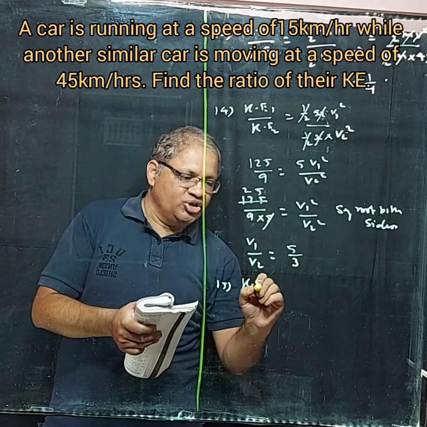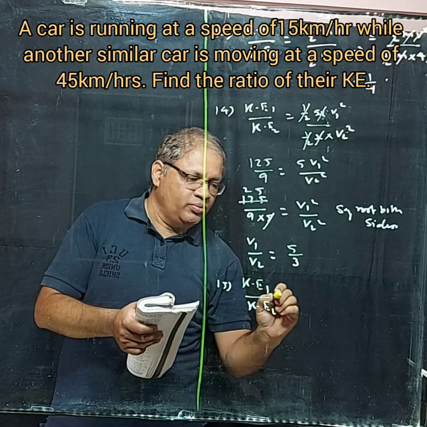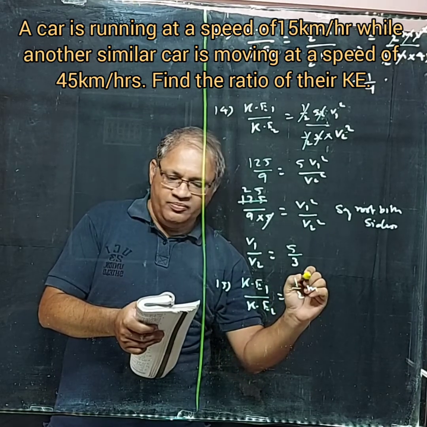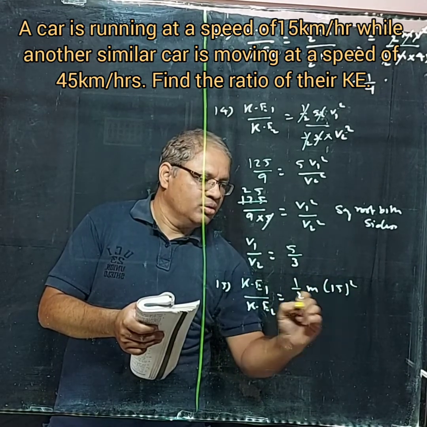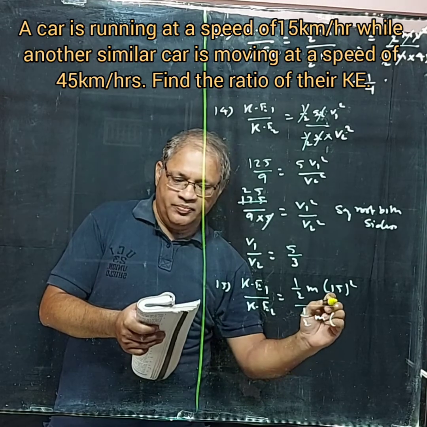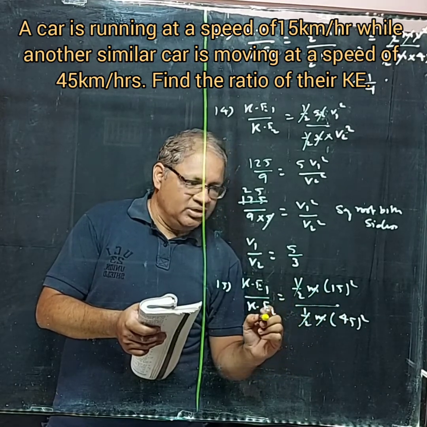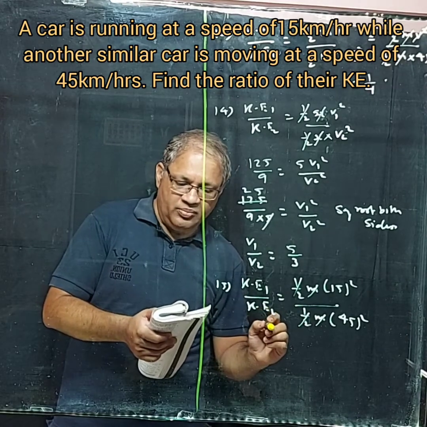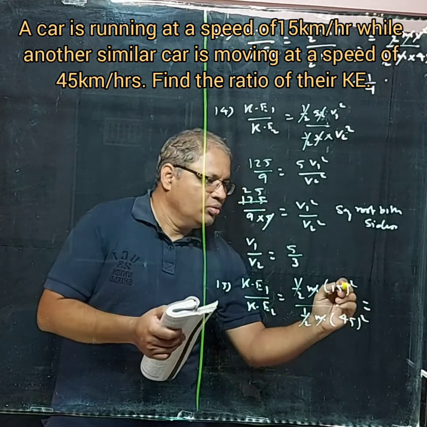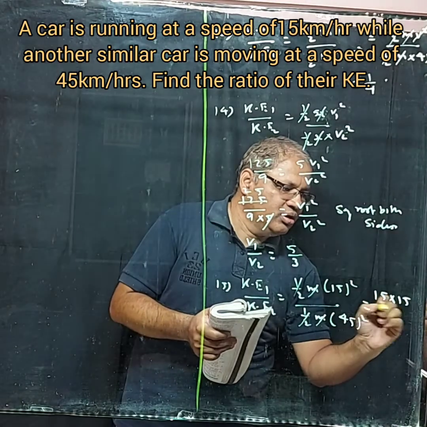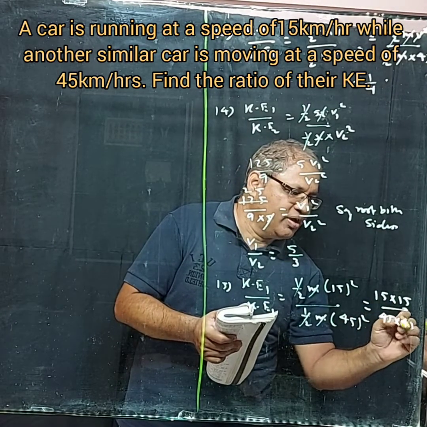So kinetic energy 1 upon kinetic energy 2, half mv square, half m 45 square. They both get cancelled, and 15 into 15 upon 45 into 45.